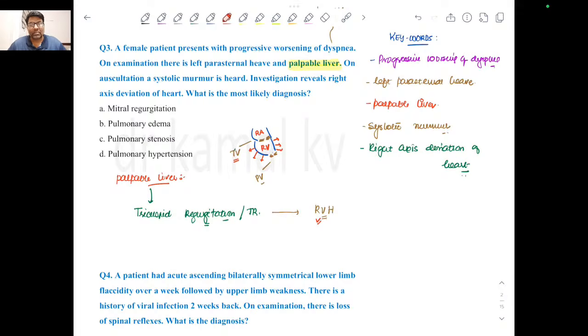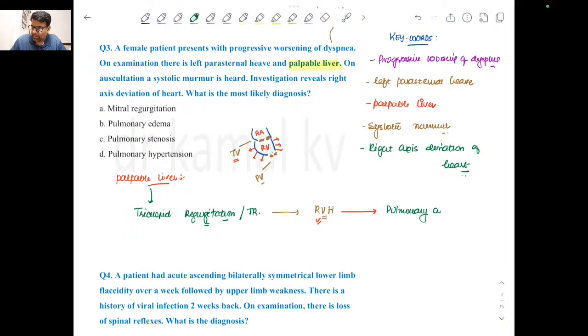Now the question is, how will right ventricular hypertrophy come? Obviously, when the right ventricle has to contract against some pressure, the musculature will get hypertrophied, and that pressure is in terms of pulmonary arterial hypertension, right? So what will you write here?